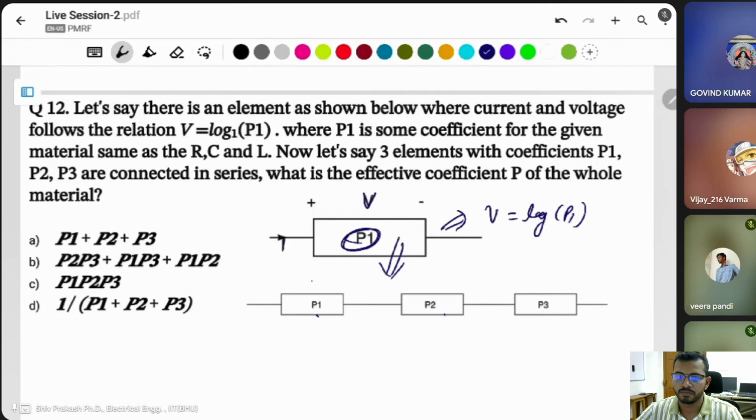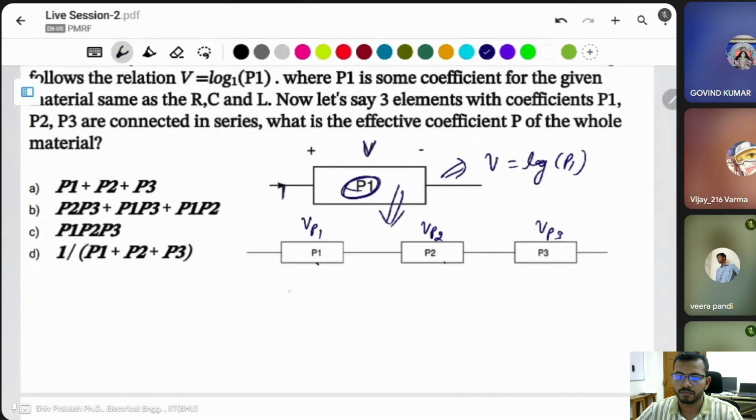And what is this whole voltage? VP1, VP2 and VP3 are all connected in series, and the total is VP. Total voltage is VP in this case.